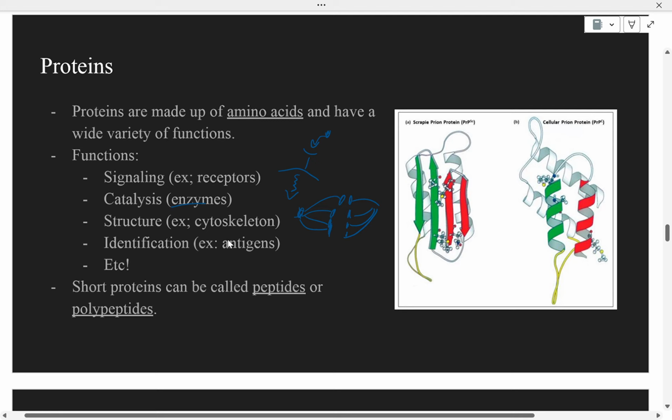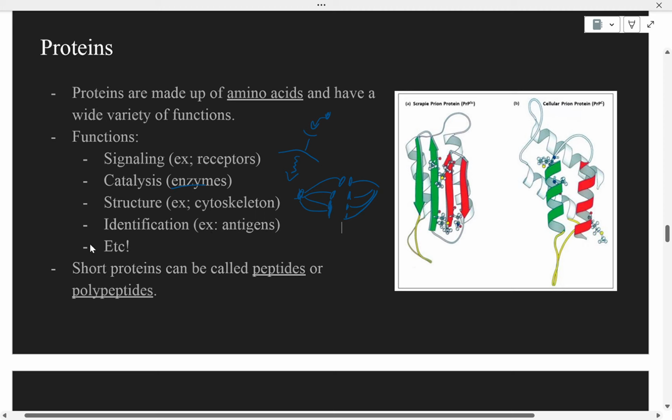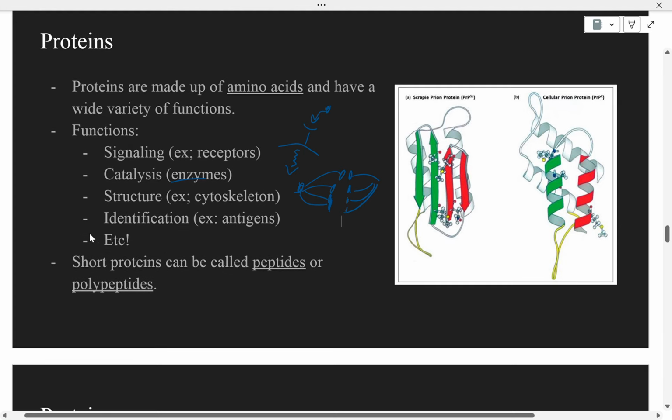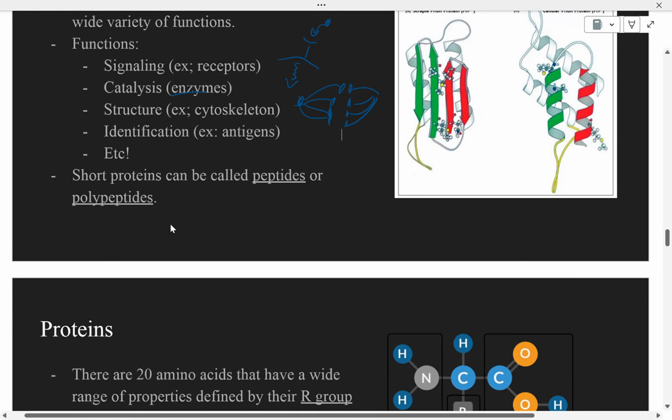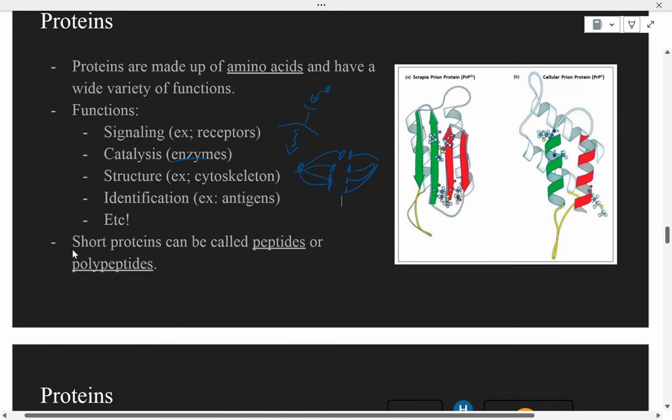Then we also have, for example, keratin in our hair, our nails, etc. We also have identification, so antigens. And antigens are just certain proteins that our immune system can detect and then trigger an immune response based off of that. And then, yeah, many more. Those are just a couple. And then for nomenclature, short proteins can also be called peptides or polypeptides.